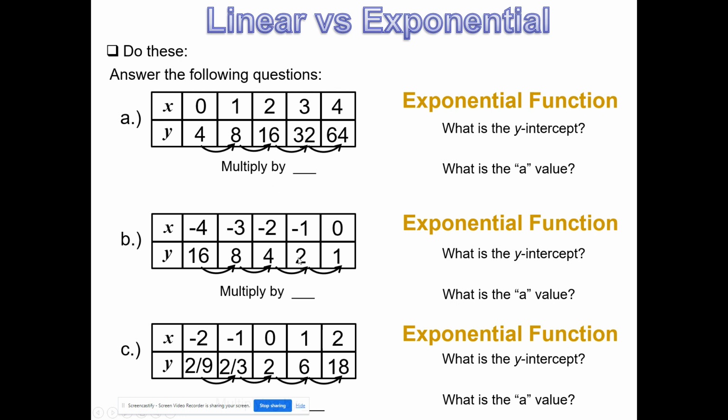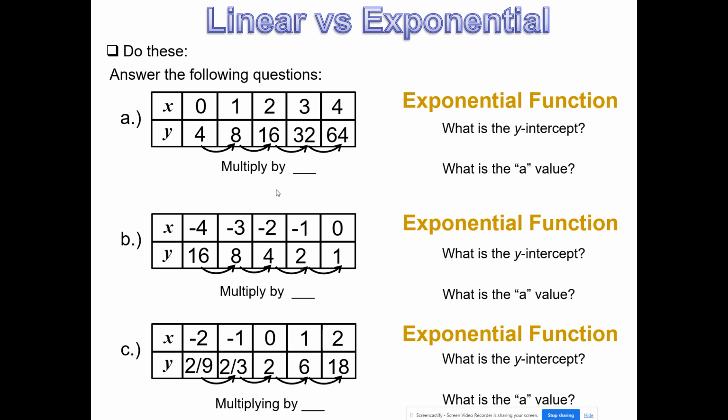Take this, divide by this, take this, divide by that. You'll get the same number both times. That's what you're multiplying by. Okay? So go ahead and pause it and answer these.